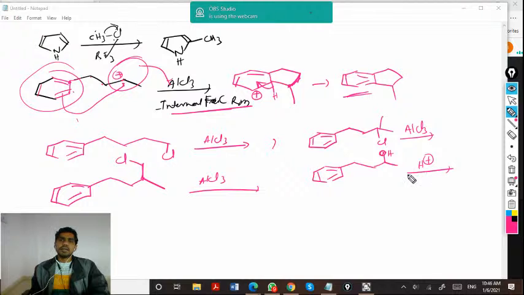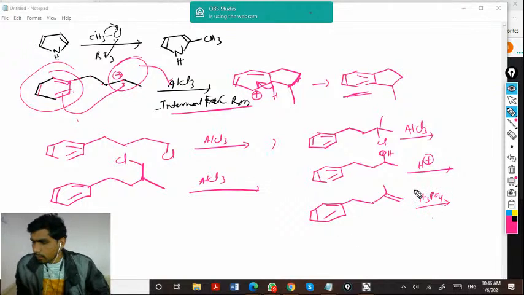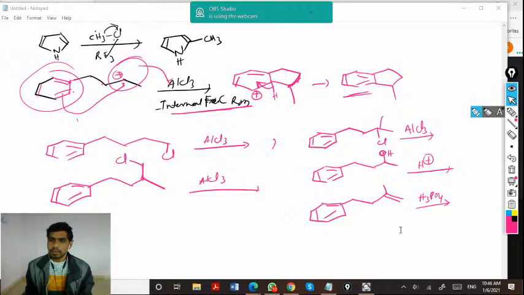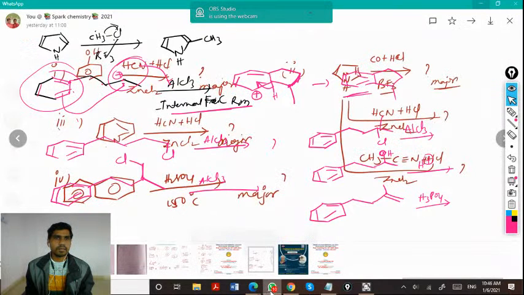You can use any acid. H plus means H2SO4 or HCl, okay, dilute now. So these are the workouts that you need to follow.